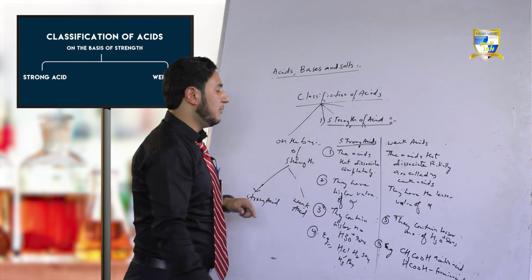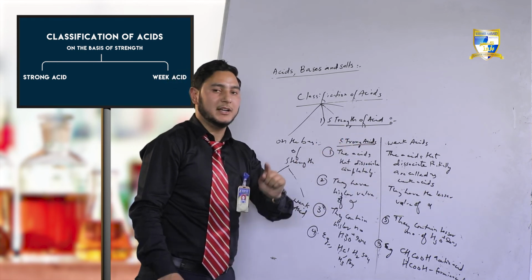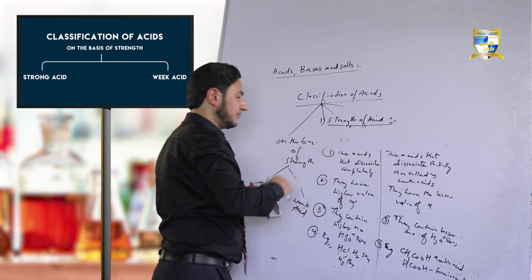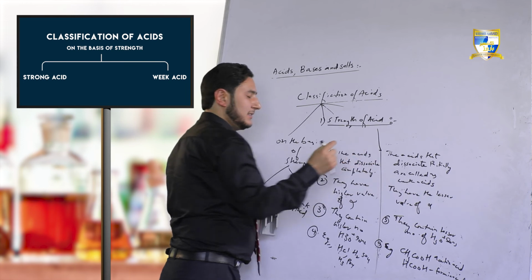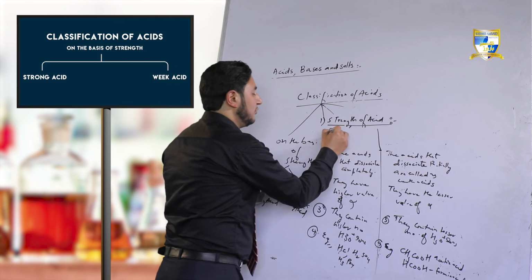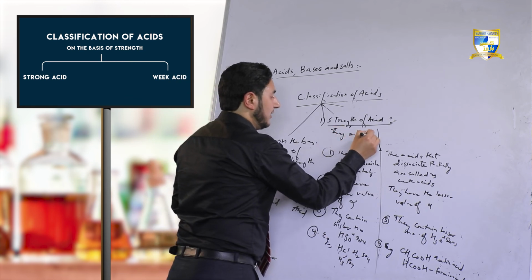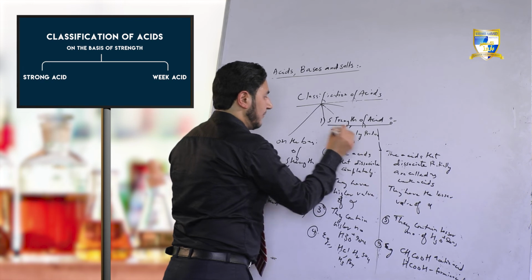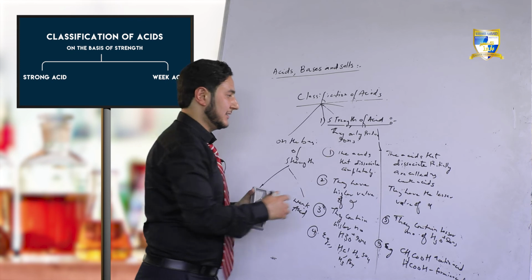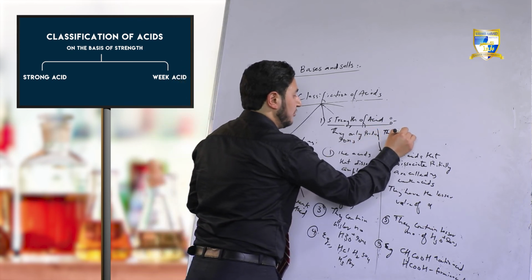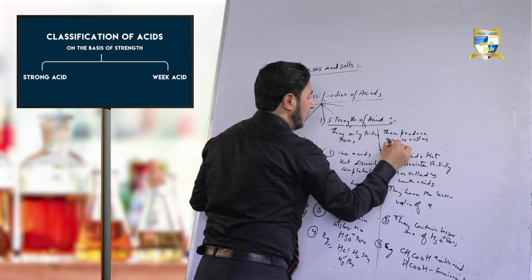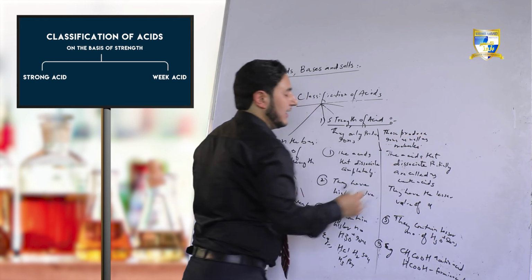There is one more important point about strong acids and weak acids. When strong acids dissociate in water, they only produce ions in the aqueous solution, while weak acids produce ions as well as molecules in the aqueous solution.